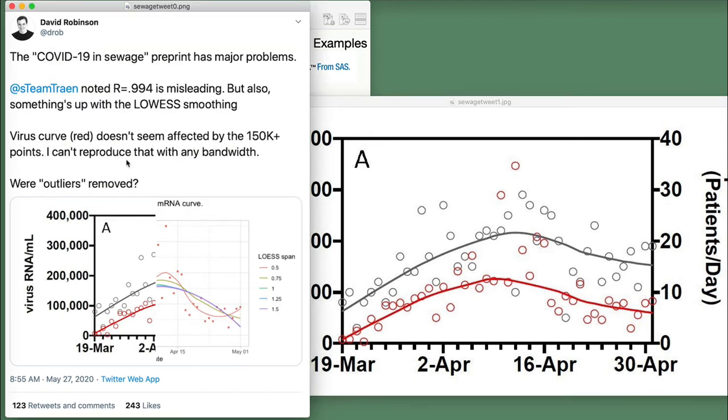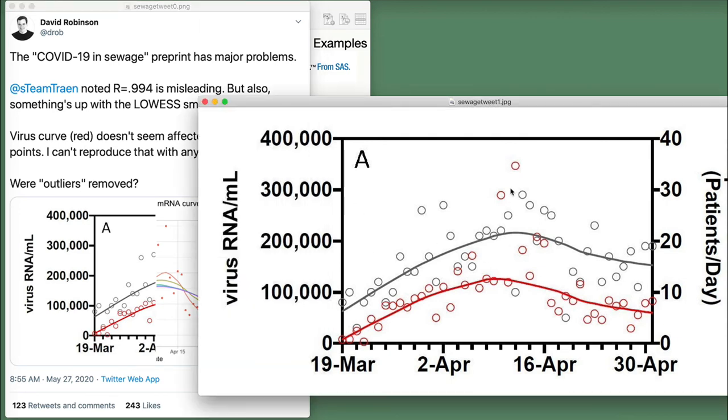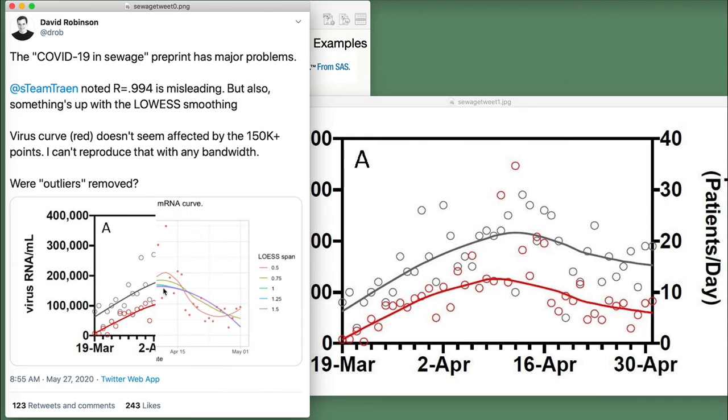And so he's asking, the red curve doesn't seem to be affected by the high values. Those are above 150,000. So especially these two, and these are also a little high. So the curve doesn't seem to even acknowledge those. And so he's wondered where these outliers are moved. And he even got the data or facsimile of it and fit some loess curves and did not get the same result.